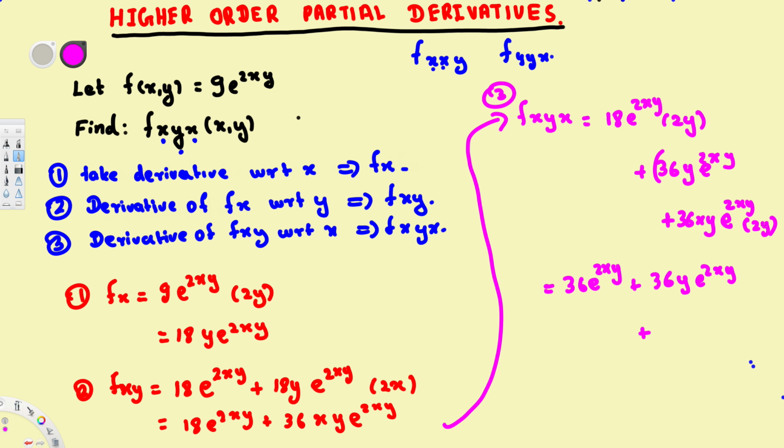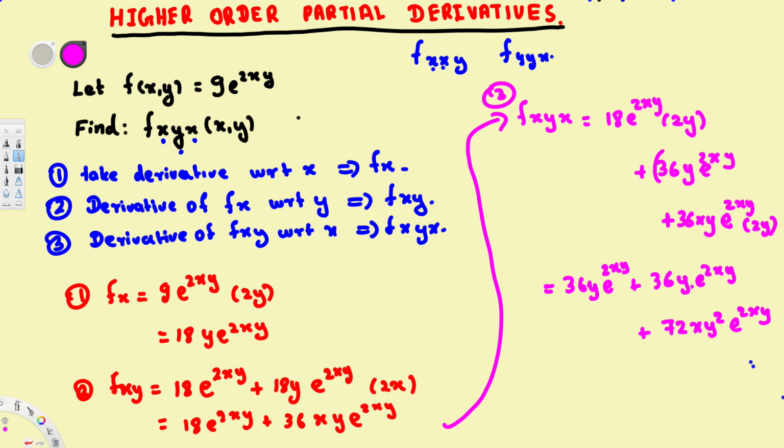So here we have 2y, that's going to become 72xy square e power 2xy. And if you look at this, okay, here I made a mistake. When we multiply this one by 2y, I have to have y right here. So this one should be 36y e power 2xy. And if you look, these two are the same, right?